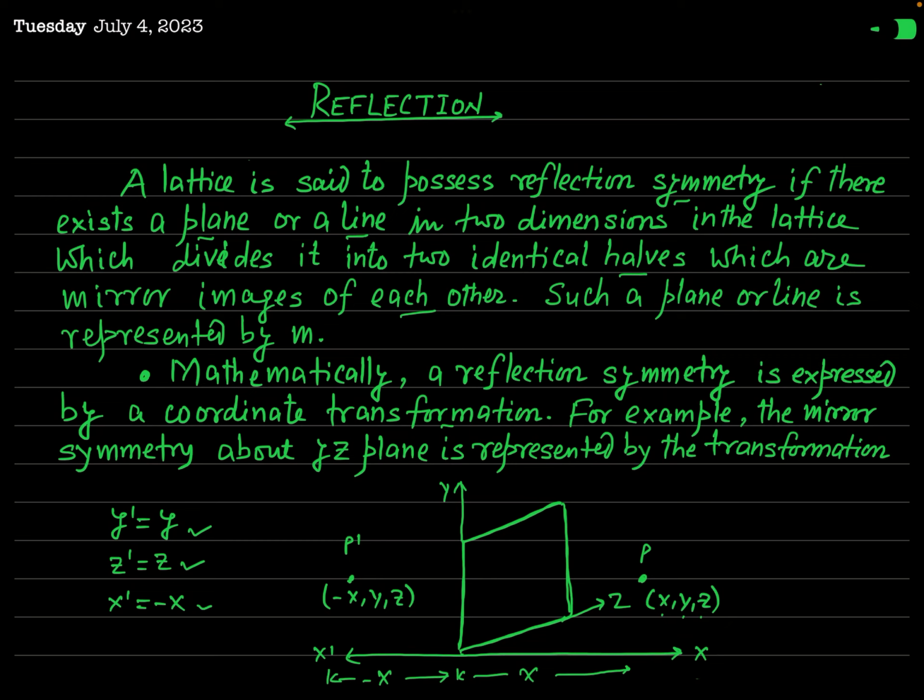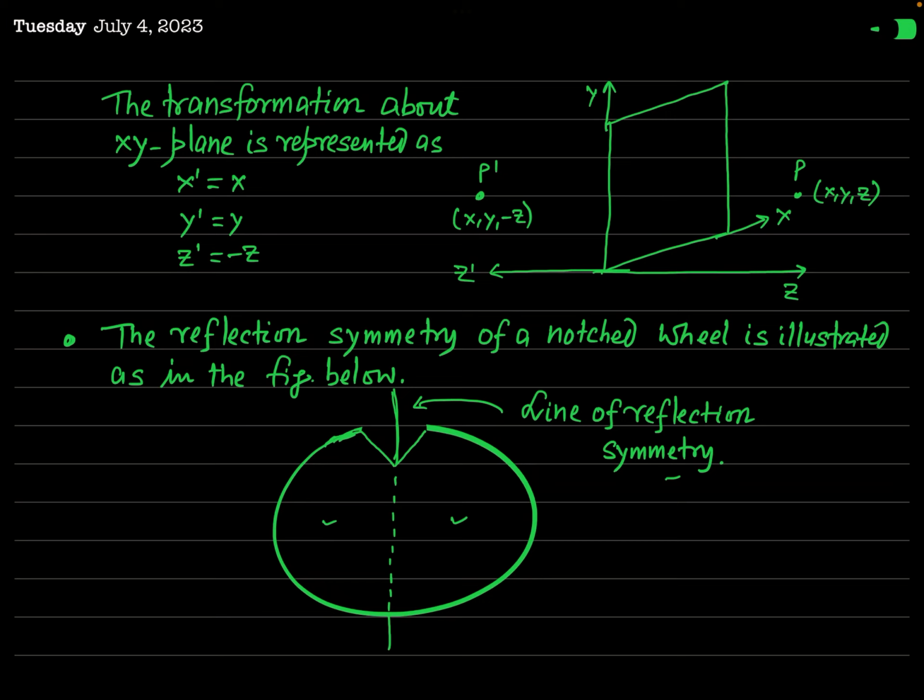In a similar manner, consider the reflection symmetry about the xy plane. If you consider a point P with coordinates x, y, z, then the z axis is perpendicular to this plane, and the image will be at a point whose coordinates are x, y, and minus z.